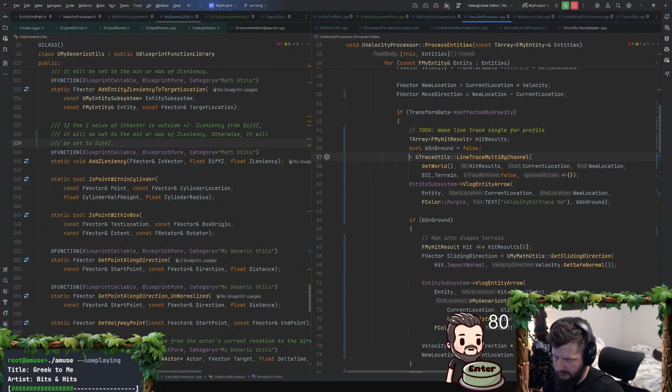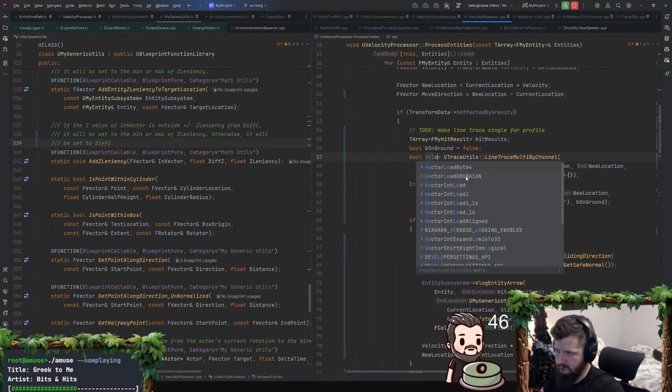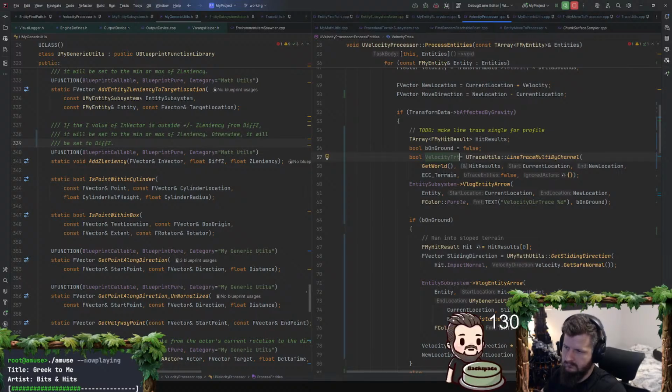Velocity, direction, hit. But it is a trace for the terrain. I'm going to get an impact point, and then I just eventually end up setting it to the impact point.